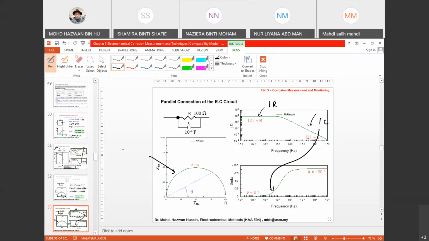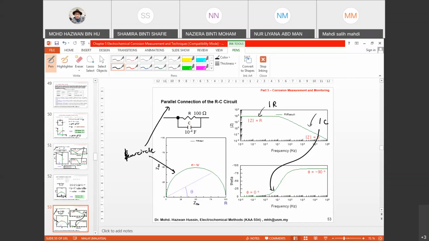The Nyquist plot actually forms a semicircle. So when you have a semicircle, you know that it will be a parallel design. So one resistor, one capacitor, and a parallel design because of the semicircle.